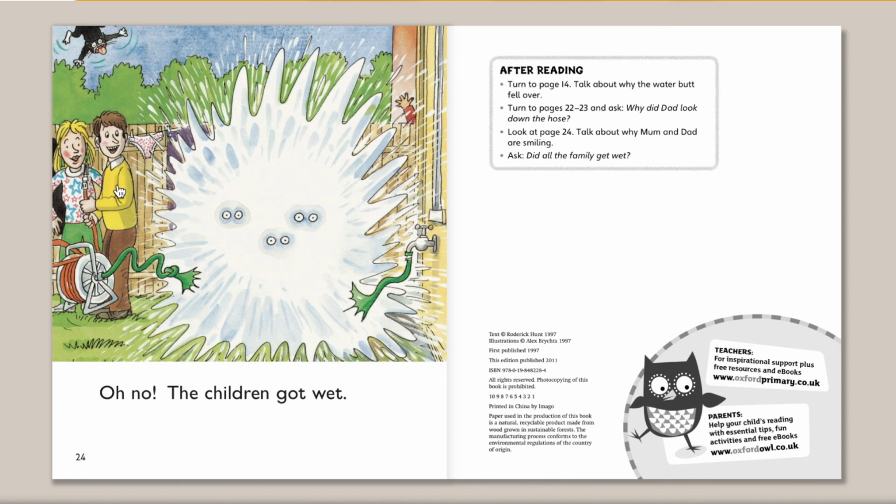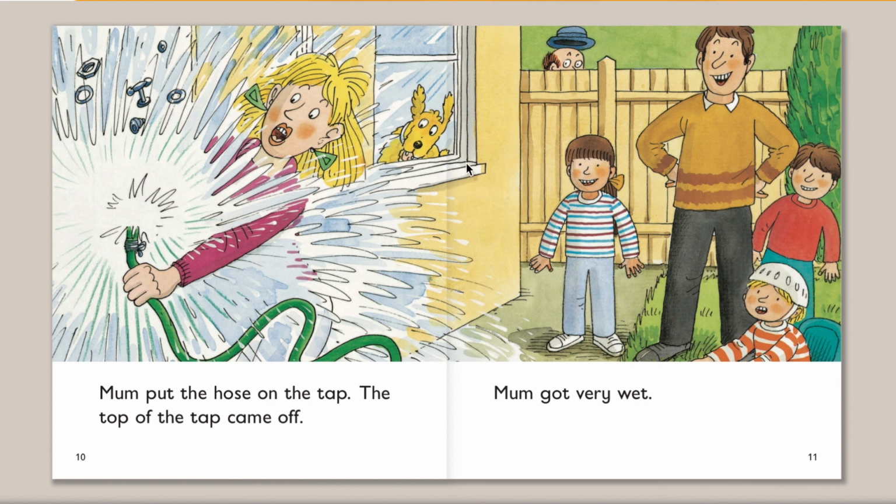They think it is funny that the kids all got wet. Did everyone in the family get wet? Yes, the only one who didn't get wet was the dog. The dog didn't get wet.